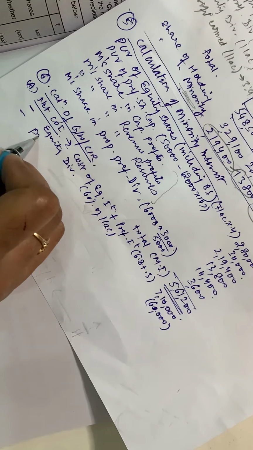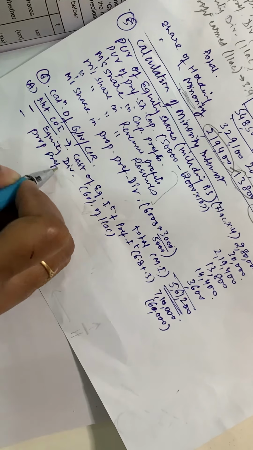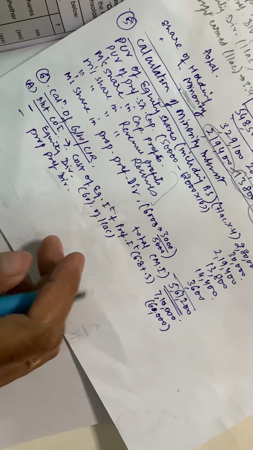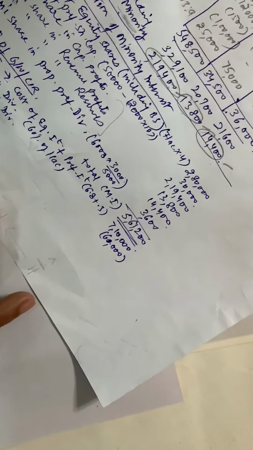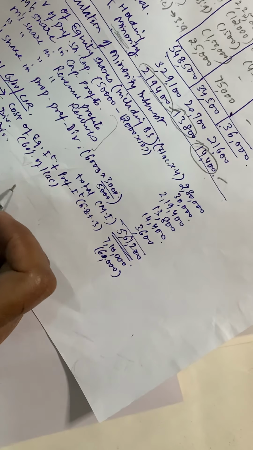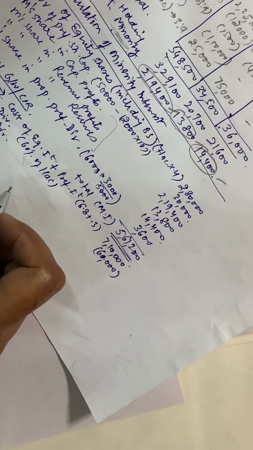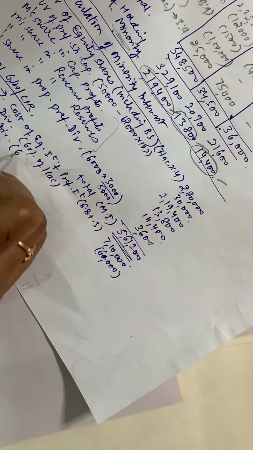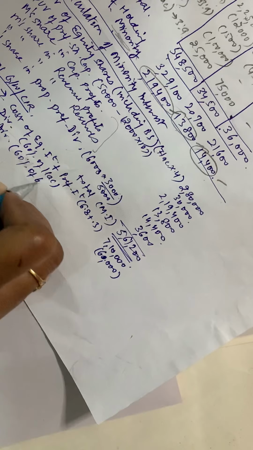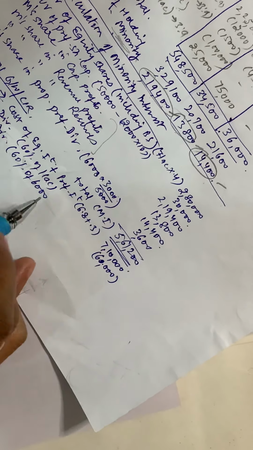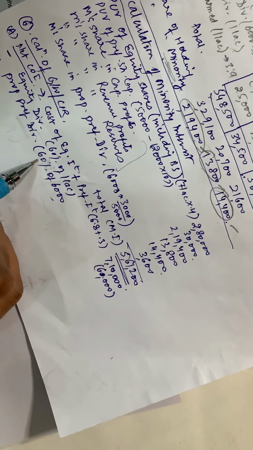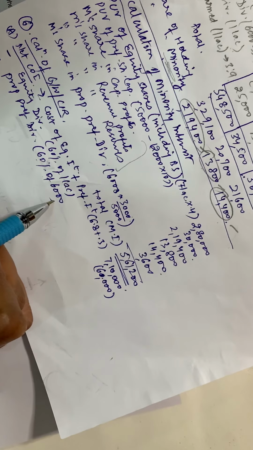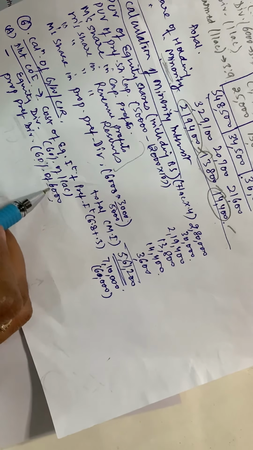Plus you will also say proposed preference dividend, which you are yet to receive. Proposed preference dividend. The share of H is, but you will not take this directly as 60% of 6,000, not 6,000.